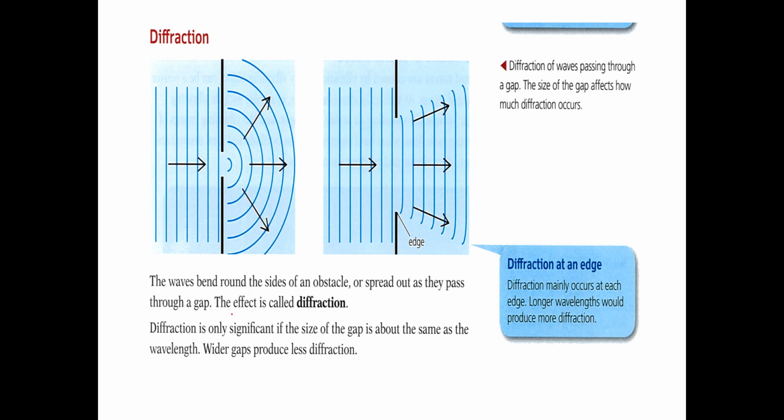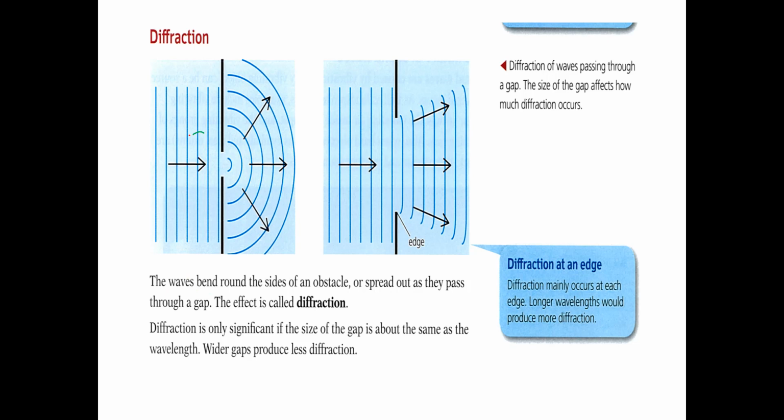Effect number 3, diffraction. Now diffraction differs from the first one and the second one. Here the wave keeps moving in one medium. For example, let's say it's light or sound, any kind of waves.